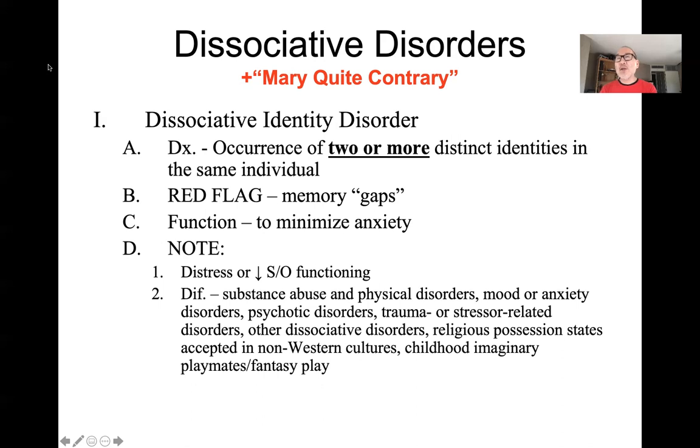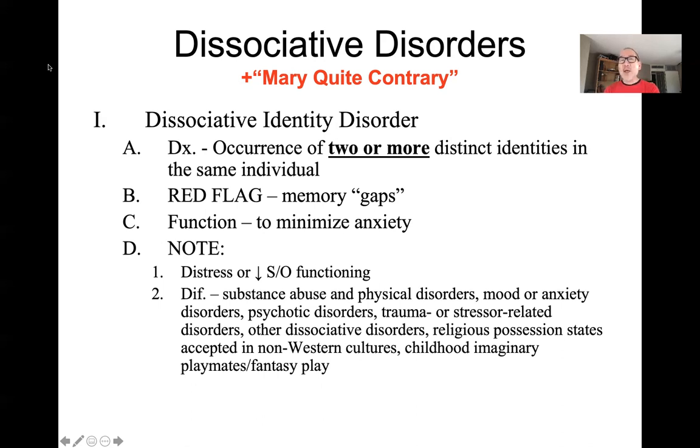It's characterized, as many of you are probably well familiar, by the occurrence of two or more distinct identities in the same individual. The number of identities in some reported cases has ranged anywhere upwards of 12 to 15 or hundreds.